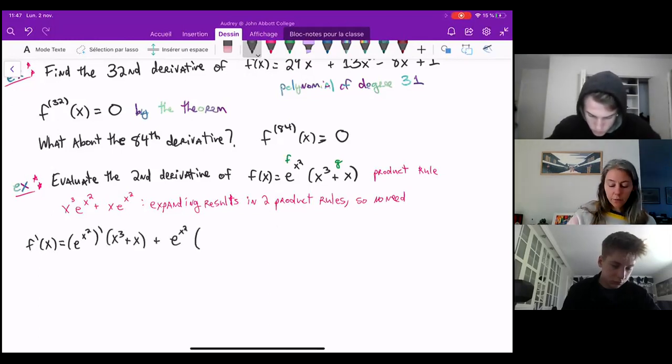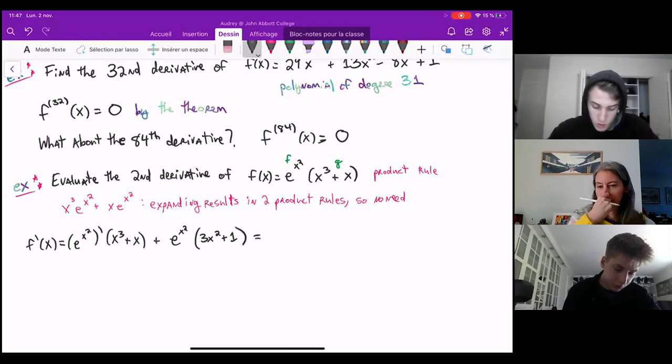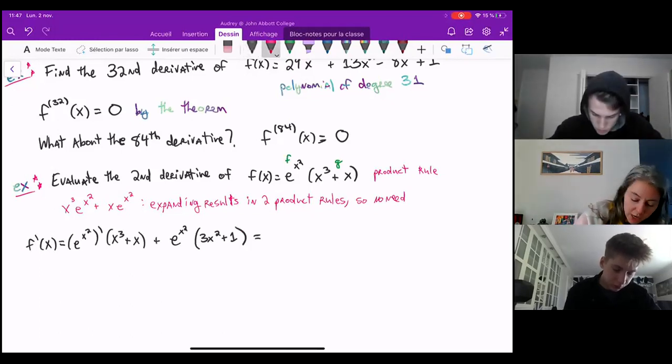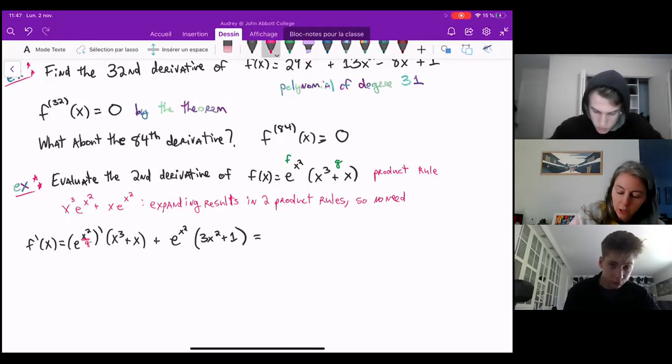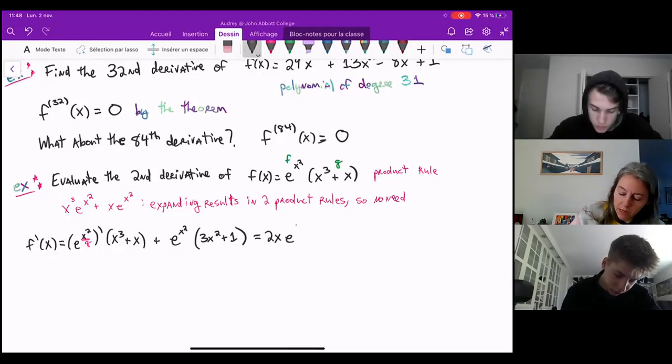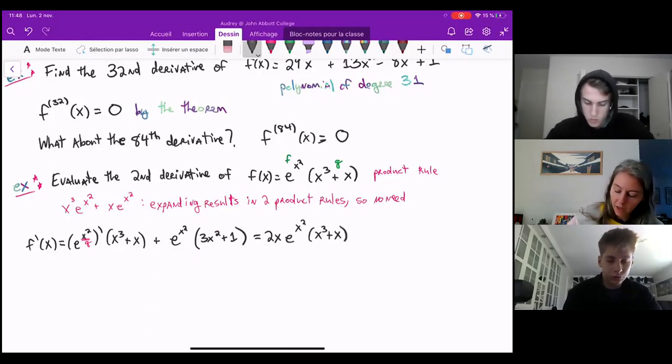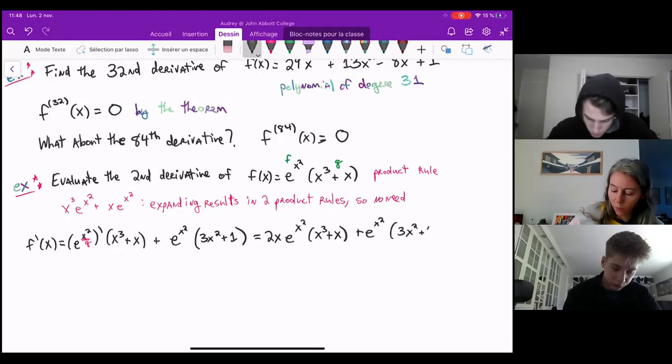Then we'll have 3x squared plus 1. What's the derivative of e to the x squared? 2x times e to the x squared. You got it. So this is a chain rule where I have a g there. The derivative of x squared is 2x, so this becomes 2x e to the x squared times x cubed plus x, plus e to the x squared times 3x squared plus 1.